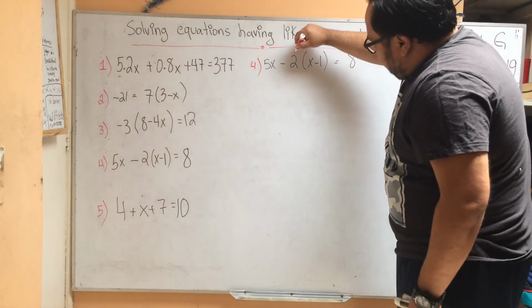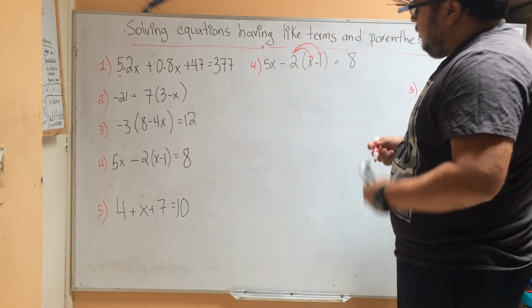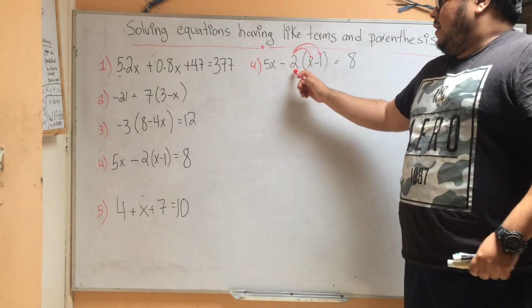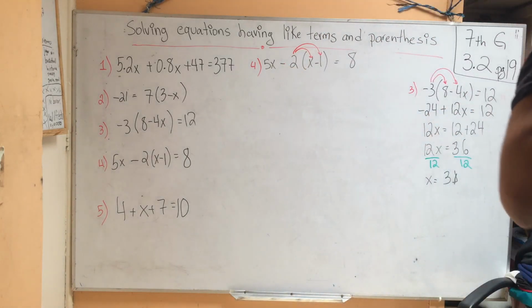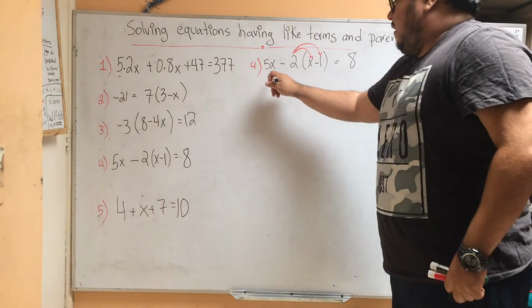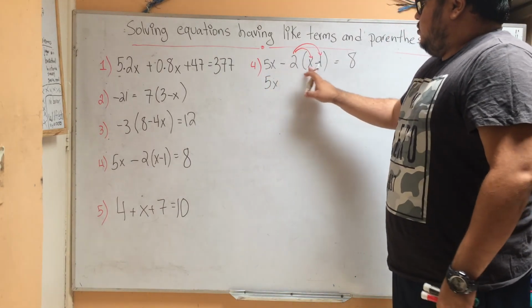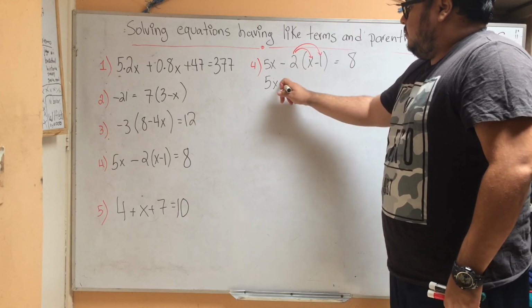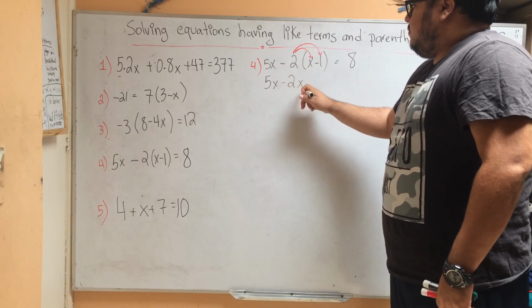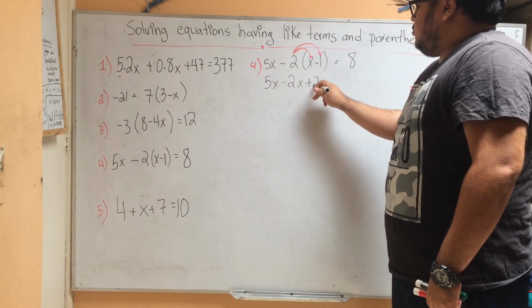So this number is going to be multiplied by this one, and this one is going to multiply the other one as well. And remember that we have a minus 2 here, so that negative sign is going to impact the answer. So we have 5x, then minus 2 times x, minus 2x, minus 2 times minus 1, plus 2.